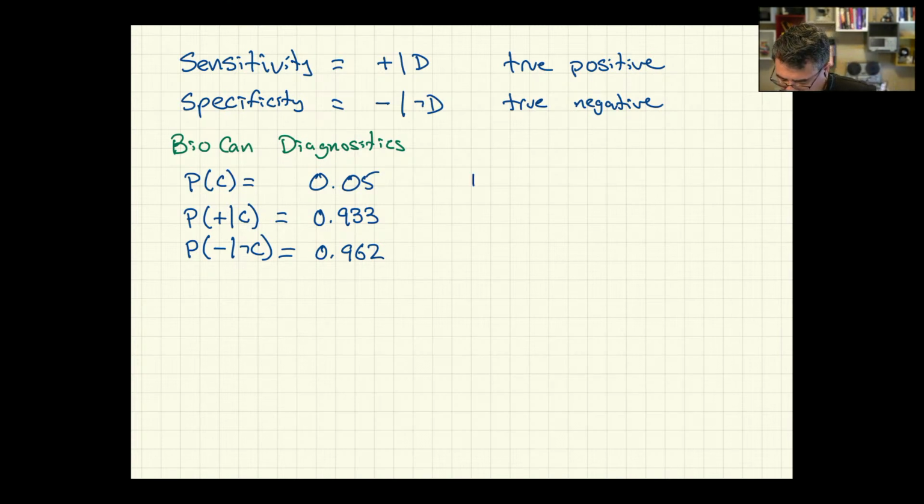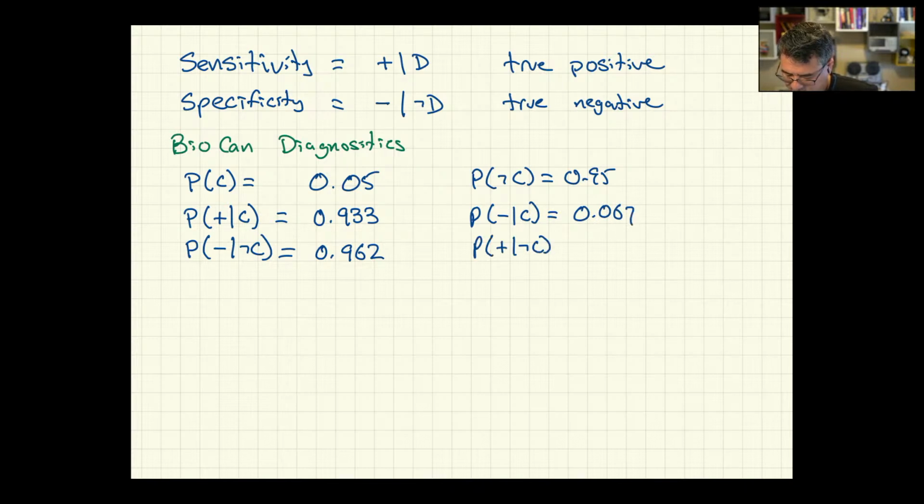So we can work out the other numbers. The probability that you have not had it is 0.95. The probability of a negative test given that you have coronavirus or have had it is 0.067. And the probability of a positive test given that you don't have coronavirus is 0.038. And I want to know, what's the probability that you have had the coronavirus if the test comes back positive, right?